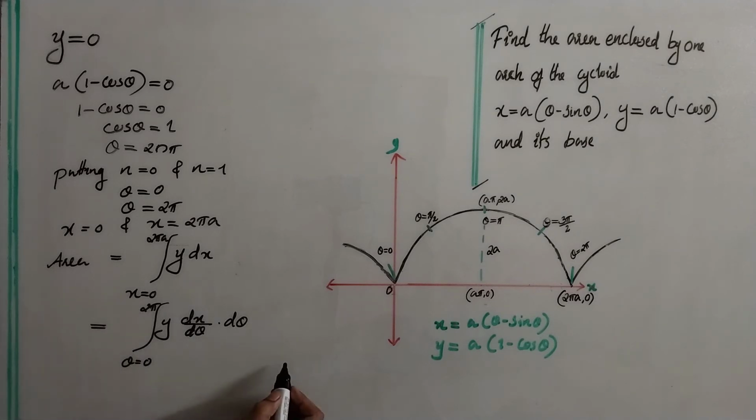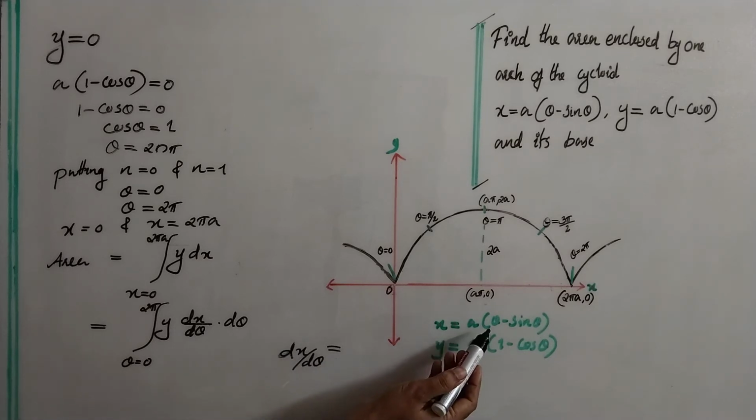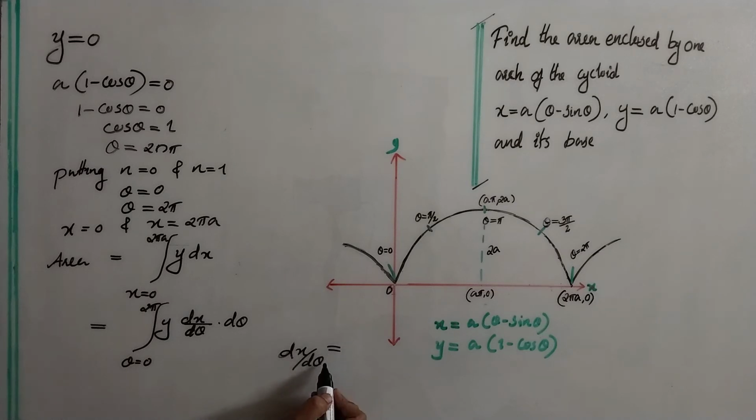Now what is dx by d theta? x is a into theta minus sin theta. So dx by d theta is equal to a into 1 minus, d by d theta of sin theta is cos theta. So dx by d theta is a into 1 minus cos theta.